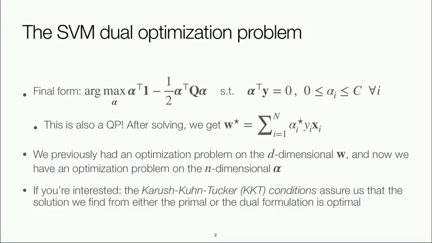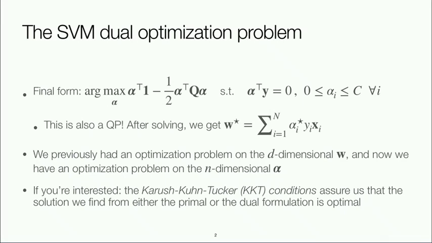And if you're interested, only if you're interested, this is a topic that is oftentimes covered in this class, but I think it's so mathy and not really that relevant that I decided to totally skip over it. But there's something known as the KKT conditions, the Karush-Kuhn-Tucker conditions, which tell us why the solution that we get out of the primal or the dual formulations is optimal.